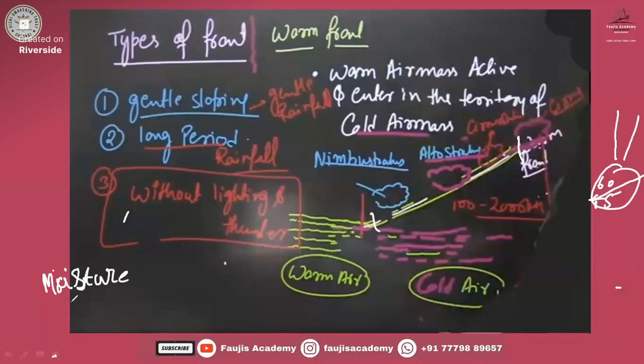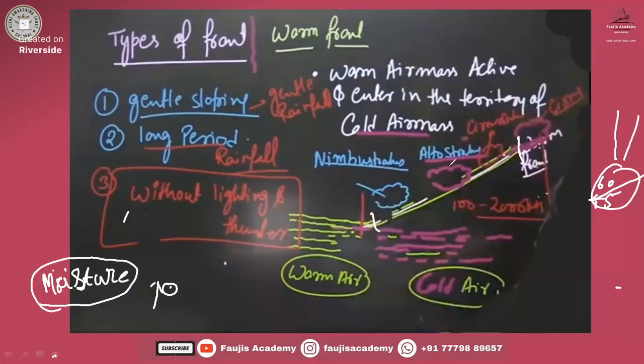When it goes upwards, hygroscopic nuclei will be there, and all those moistures go and settle on the hygroscopic nuclei. Then we have the formation of clouds. So at the lower part we have nimbostratus clouds, then altostratus clouds.